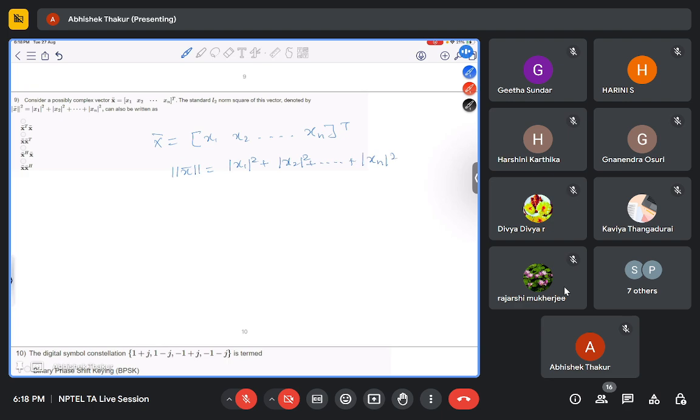This can also be written as x Hermitian, the vector x Hermitian into the vector x. We use Hermitian because it is used for complex vectors also. So here option C is the correct answer for this question.